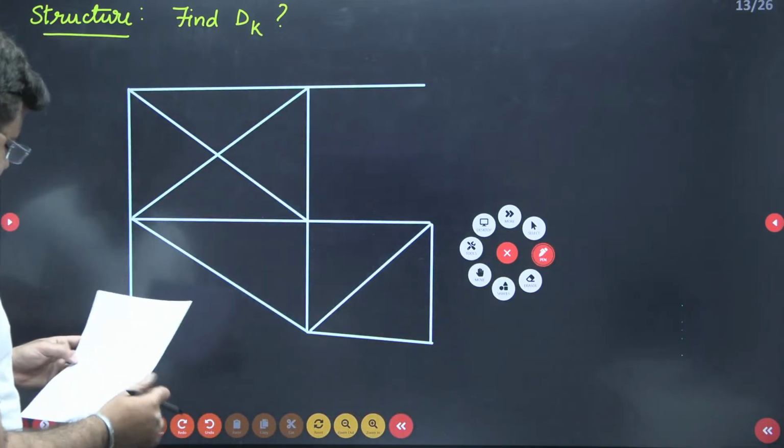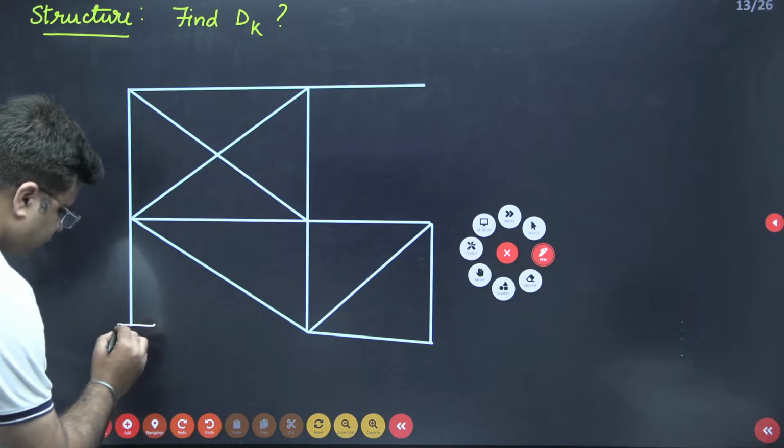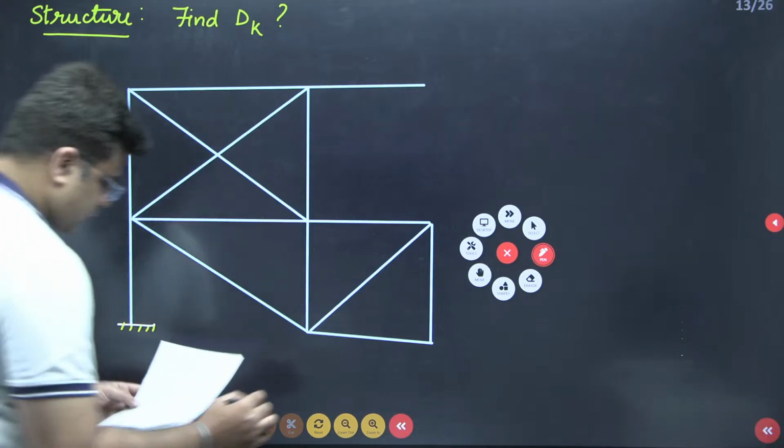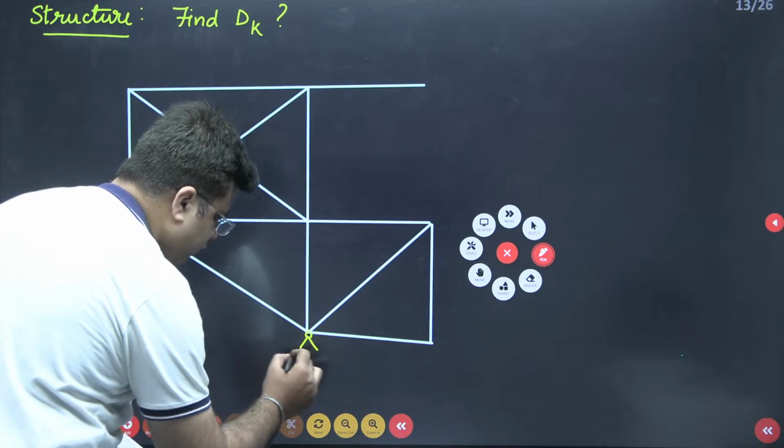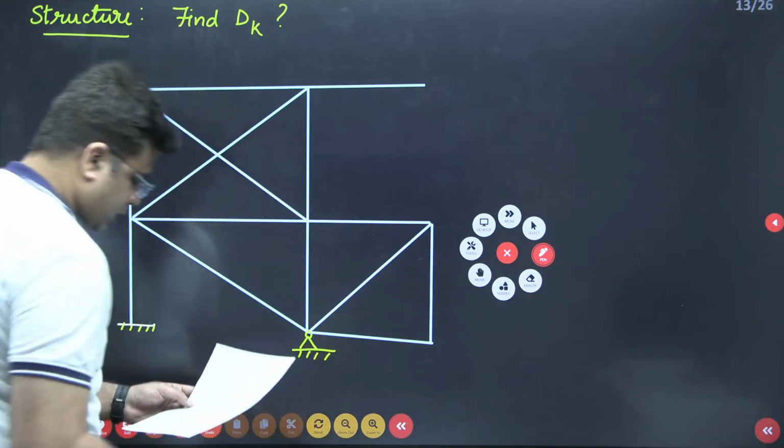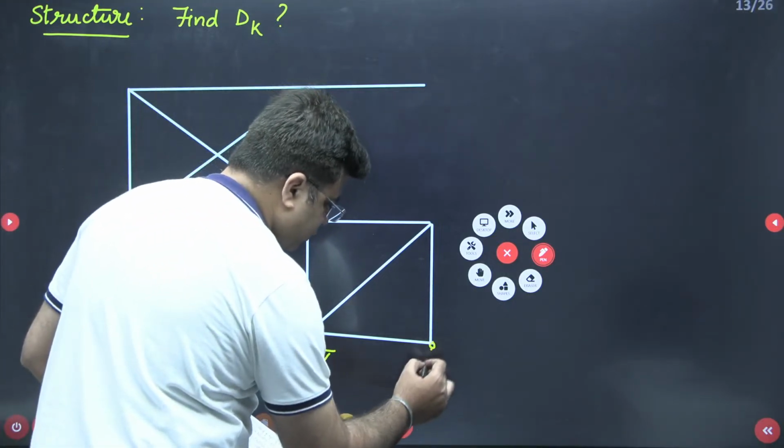This is your fixed support. This is your hinge support. And then this is your roller support.